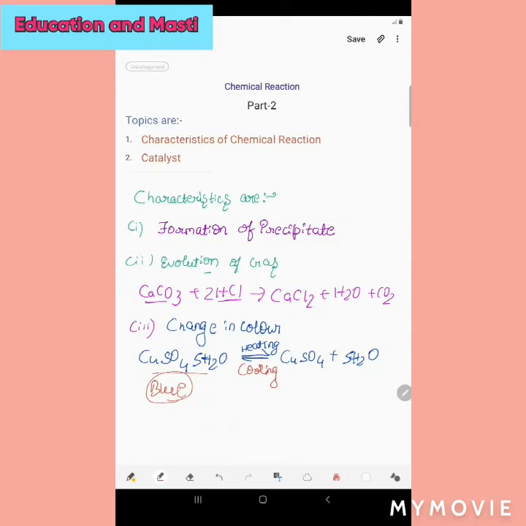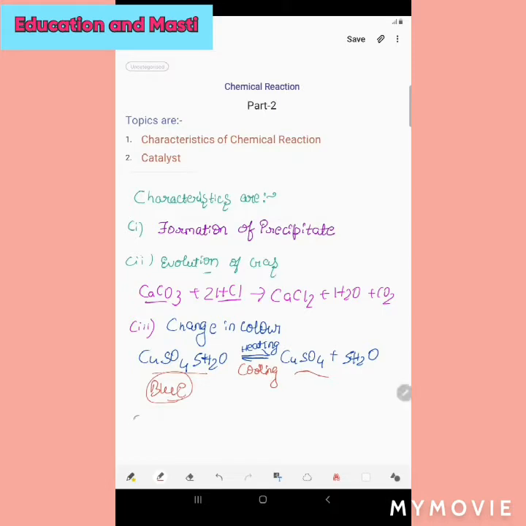After heating, copper sulfate was formed without water molecules, and this situation is called anhydrous. So when it was heated it became white, but again when cooled it became blue. So this is about change in color, and I hope you have understood it with the example.